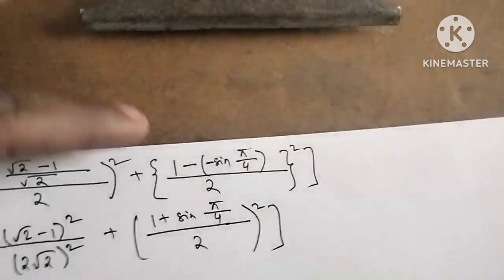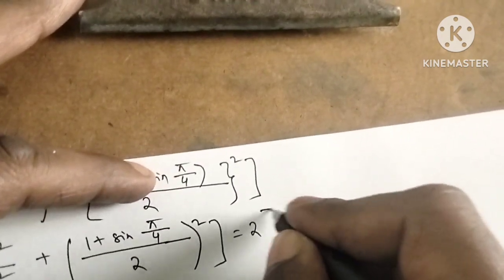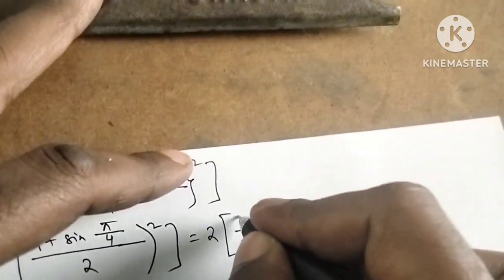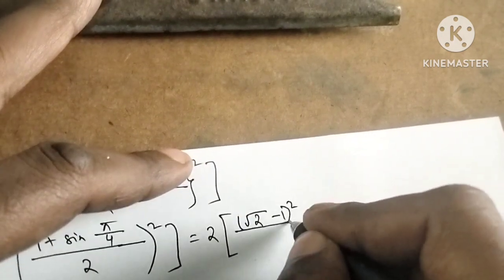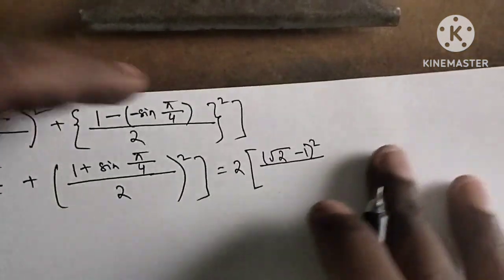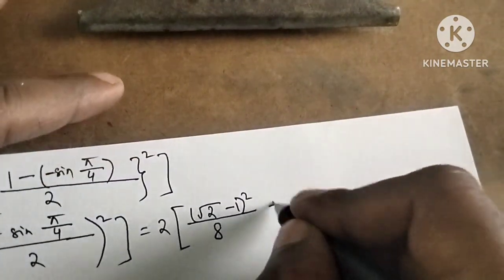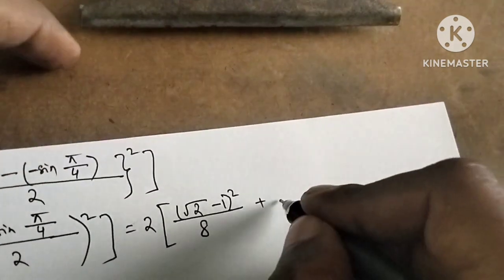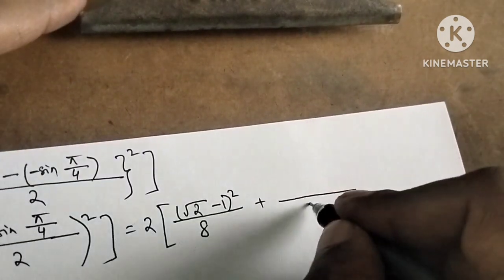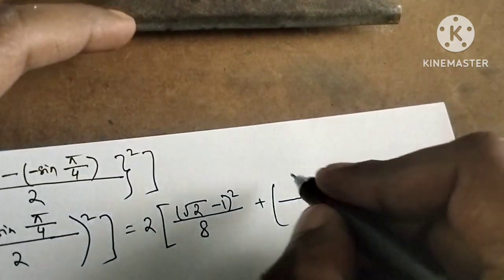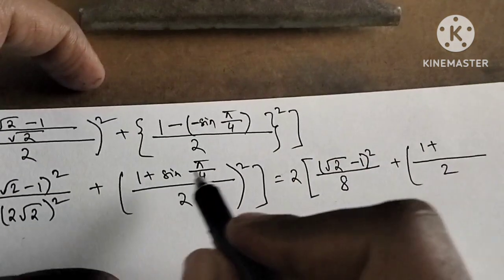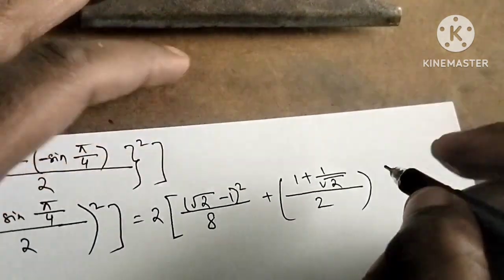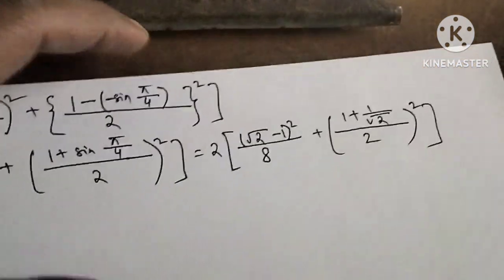So now this will be 2 root 2 minus 1 whole square by, it will be 4 into 2, that is 8, plus 1 plus sine pi by 4 is 1 by root 2, right?